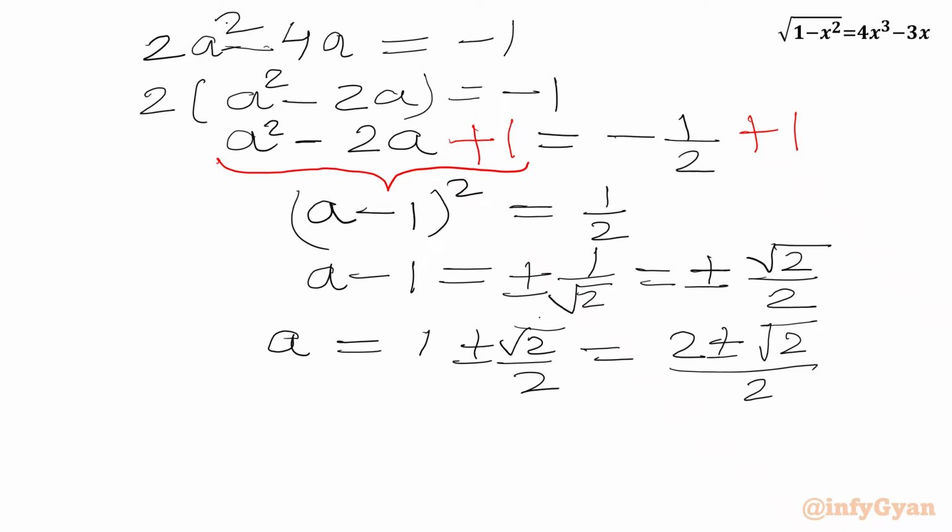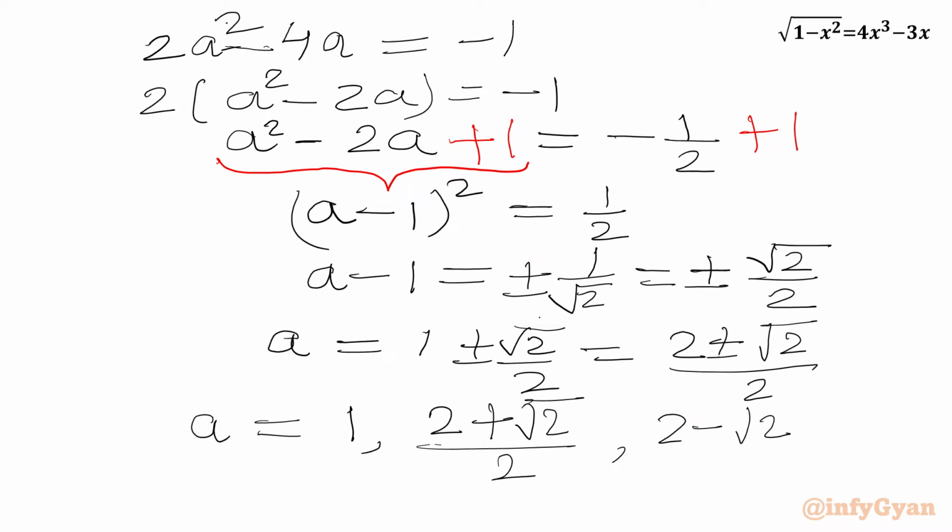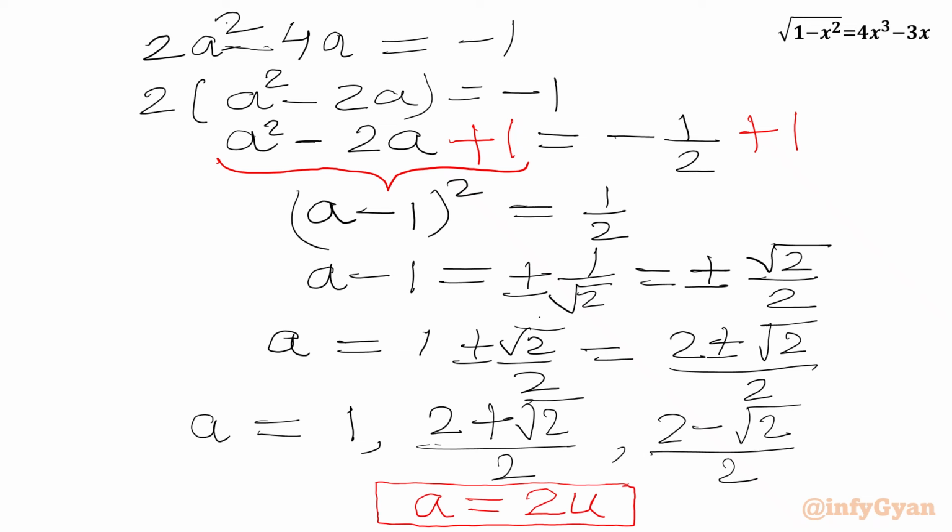So we have in total 3 a values. Let me write here a equal to 1, a equal to 2 plus root 2 over 2, and a equal to 2 minus root 2 over 2. Now a was our substitution. 2u, a equal to 2u, we have to plug in over here.